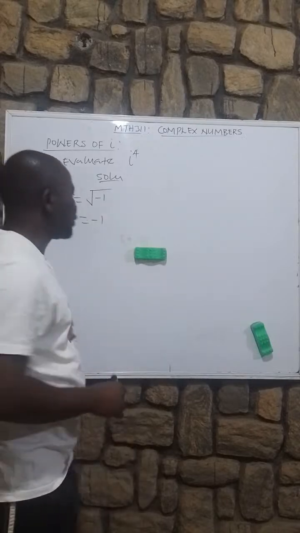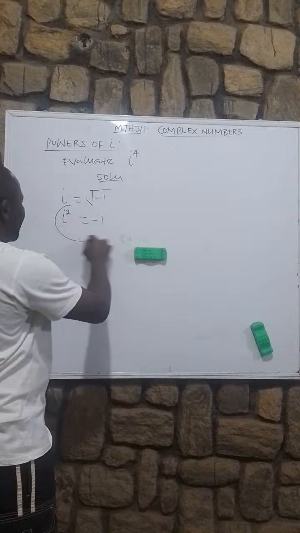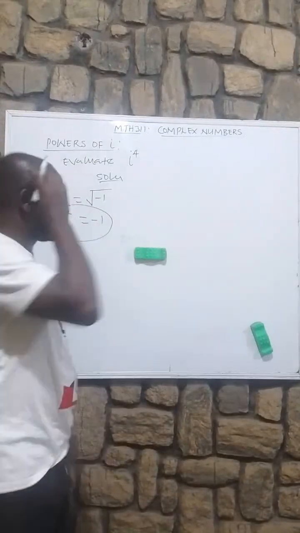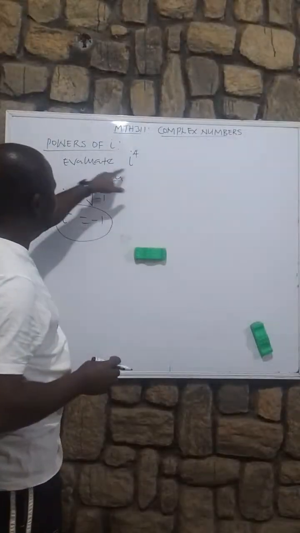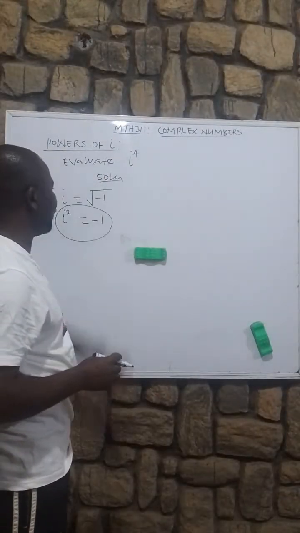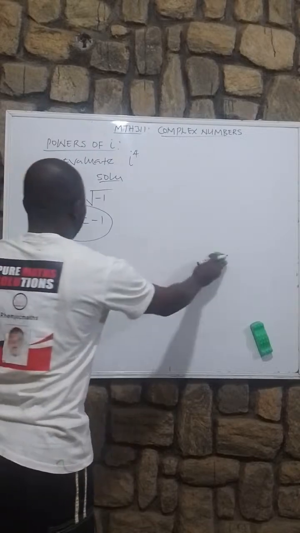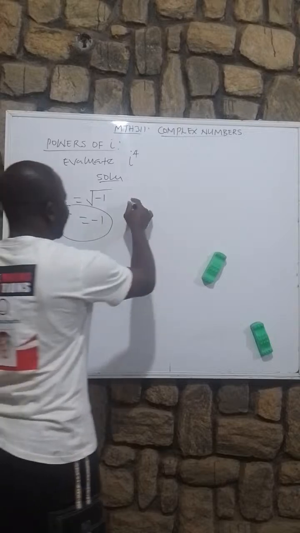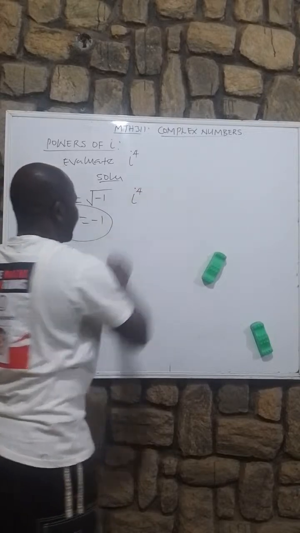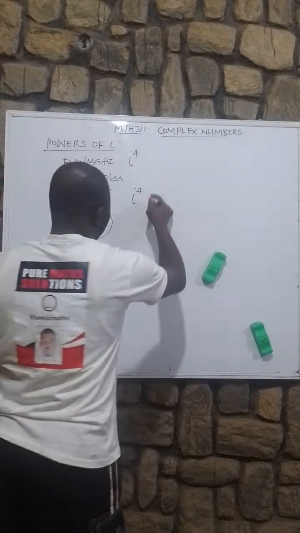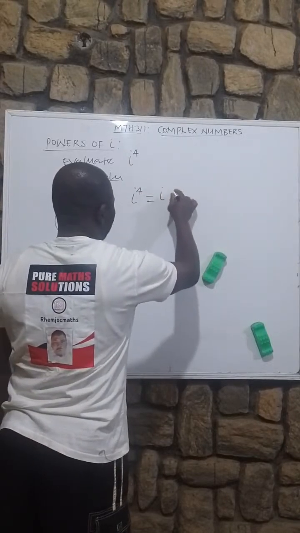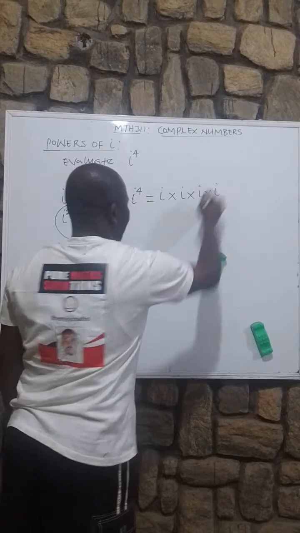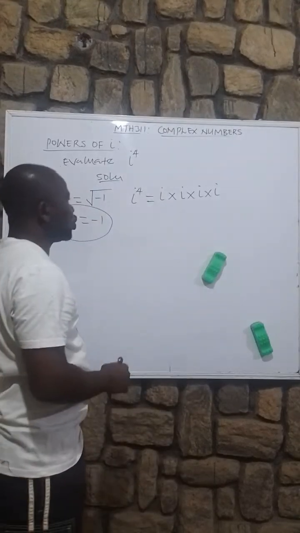True or false? So this implies that i squared is always minus 1. Please take note. Now, if you are asked to evaluate i raised to the power of 4, you apply indices. i raised to the power of 4 is the same thing as i times i times i times i, four places.